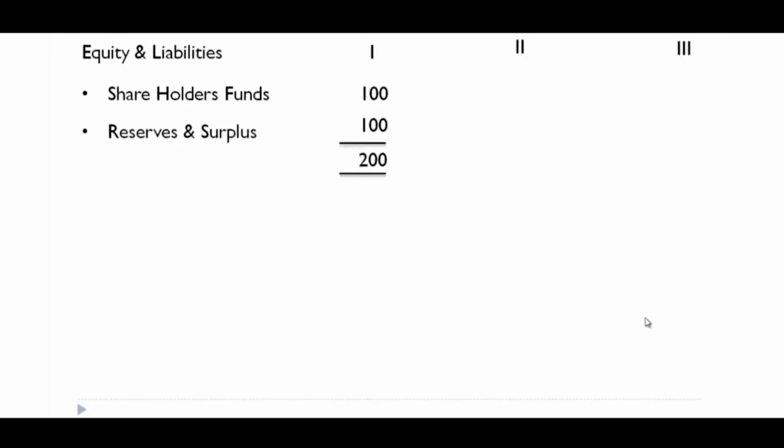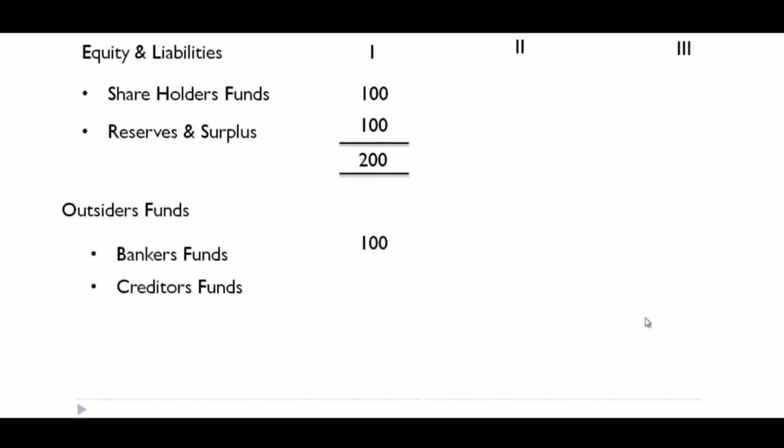So the total shareholder funds is 200, and outsider funds, the banker funds are 100 and creditors funds are 100, so the total is 200. So here you have a total liability of 400. How is it? 200 of shareholders funds and 200 of outsiders funds.